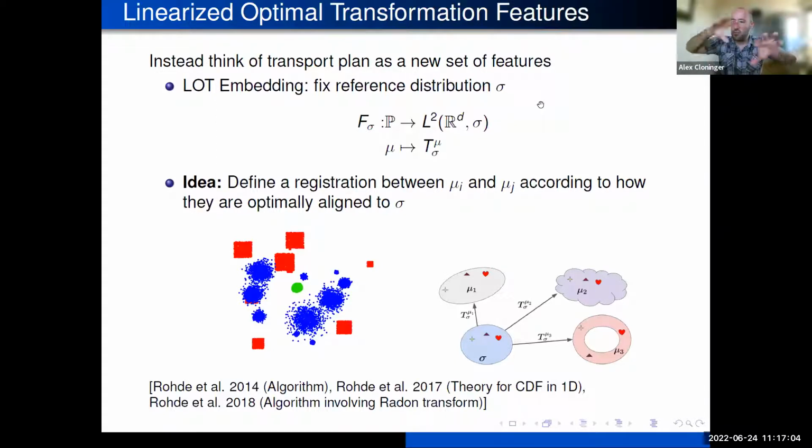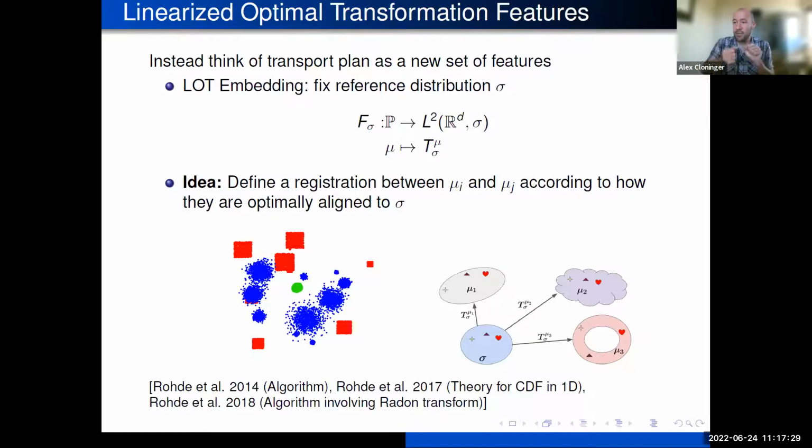I have all these distributions floating around in space. What I'm going to do is create a fixed distribution sigma. It can be anything. Think of it as just being like a Gaussian. Now what I'm going to do is find the optimal transport not between mu i and mu j, but from sigma to mu i, and then from sigma to mu j, and then from sigma to mu k.